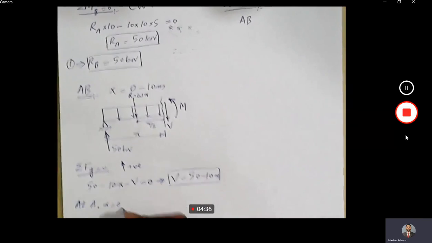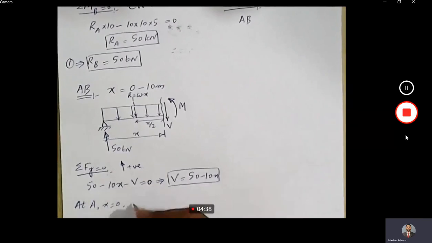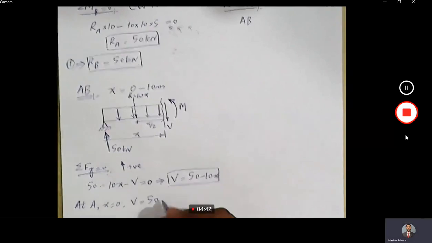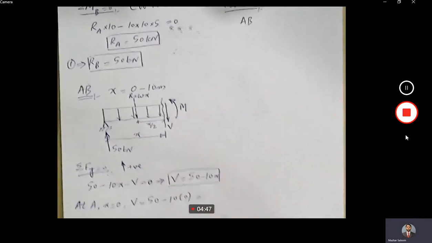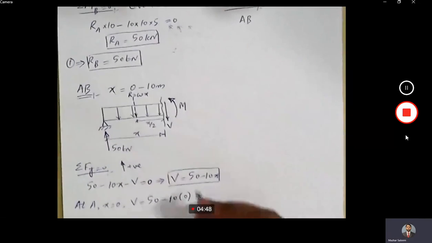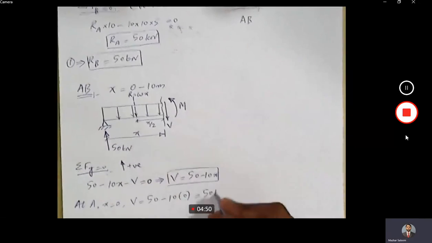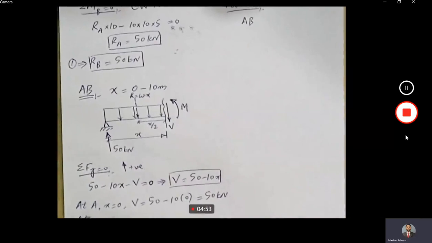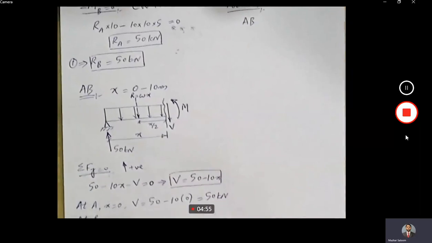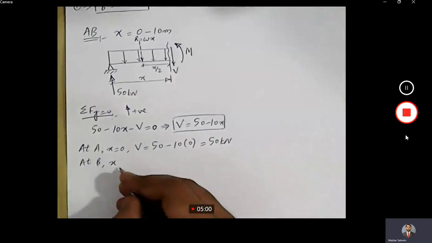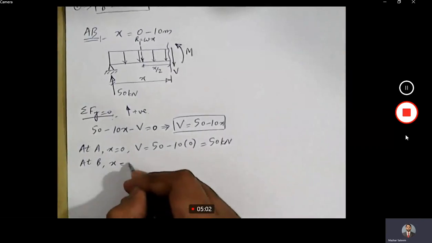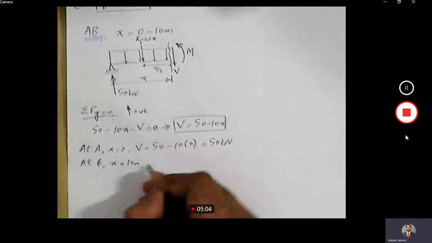X is equal to 0. So shear force will be equal to 50 minus 10 into 0. How much is that? That is 50 kilonewton. And at B, x is equal to 10 meters.